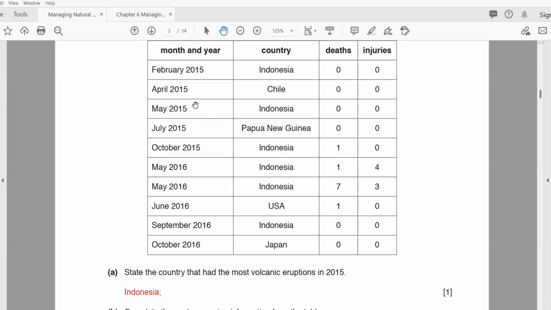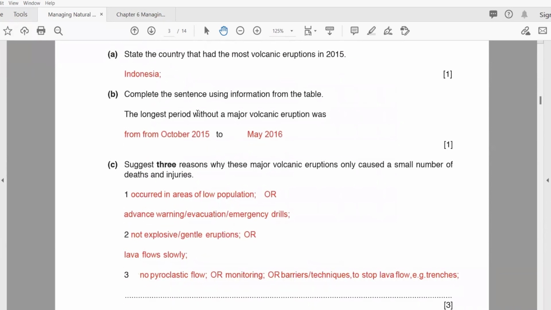Okay, so see here now. What is the reason it occurred in areas of low population? Because as I told you, if they already know, they will not build cities there. Advanced warning, evacuation and emergency drills. Drills means they behave as if there is a volcano, when actually there is no volcano, but they teach the people how to evacuate quickly.